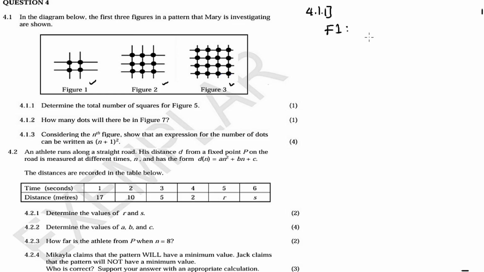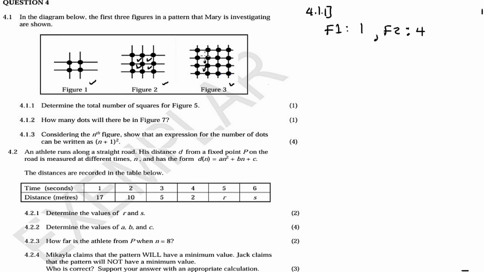How many squares are there? Only one square. Figure number 2, how many squares do they have? 1, 2, 3, 4 squares. So it's 4 squares.